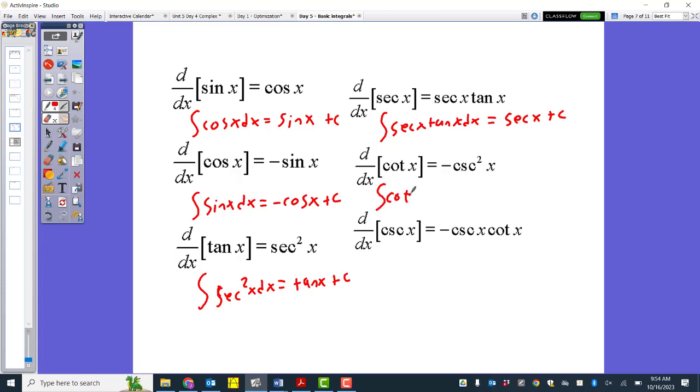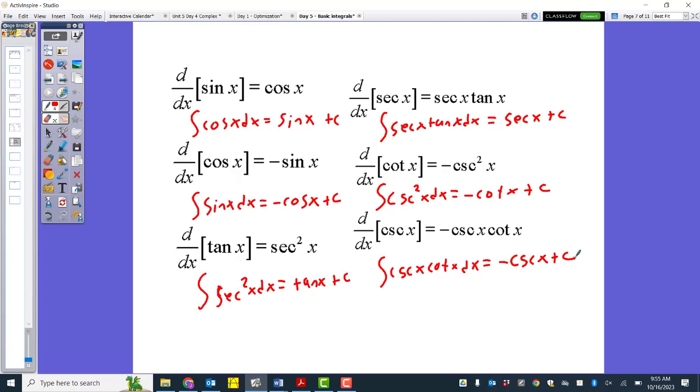Integral of cotangent x dx, or sorry, not cotangent, negative cosecant squared. We'll do positive cosecant squared, just move the negative to the other side, is equal to negative cotangent x plus c. And then the integral of cosecant x cotangent x dx is equal to negative cosecant x plus c.